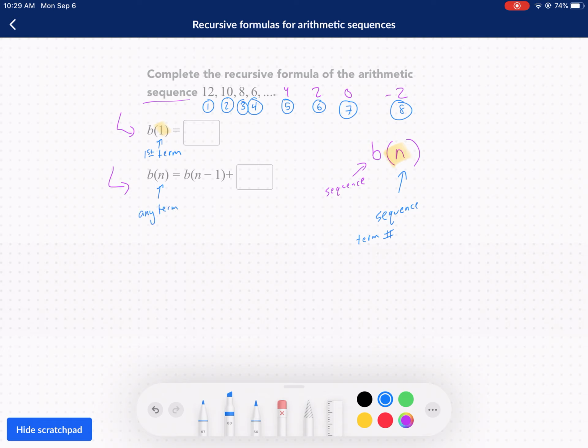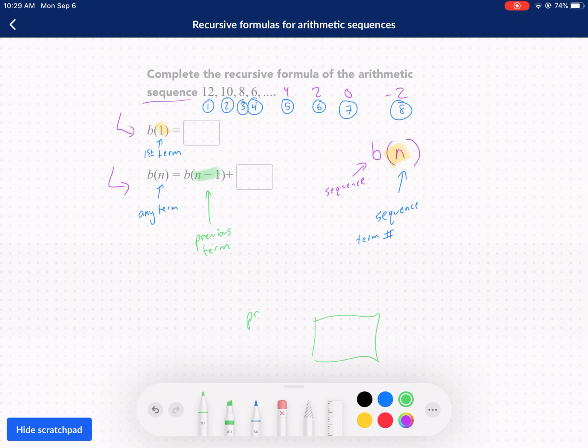And then the confusing part for most students, even for me when I was learning this, n-1, what is that talking about? That's talking about the previous term, okay? The term before, okay? Recursive means going back on itself, so you need the term before. Whatever term you're thinking about, you need the previous term to input into a machine.